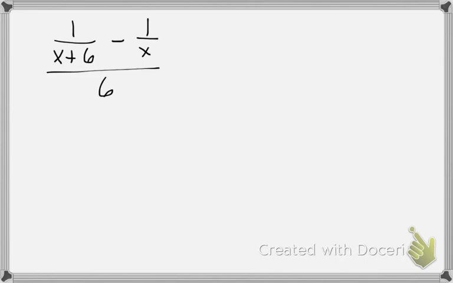Nope, that means, yep, method 2, which tells us to use the LCD. What is the LCD here? X plus 6. All right, we do need an x plus 6. We also need an x. And that's it. So I could think of 6 as 6 over 1, right?